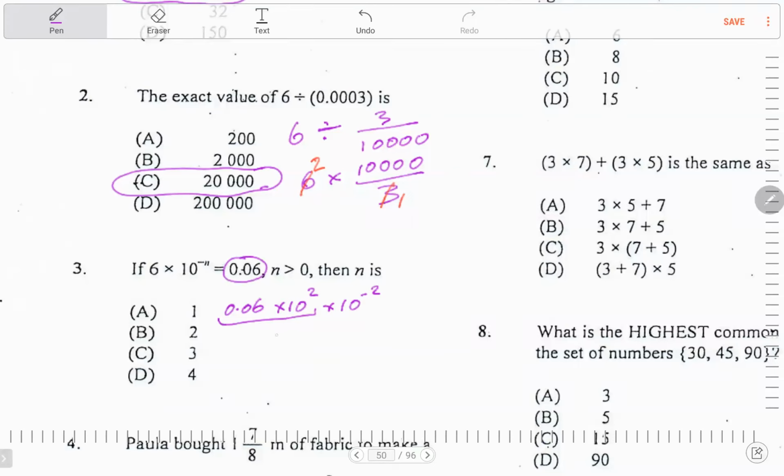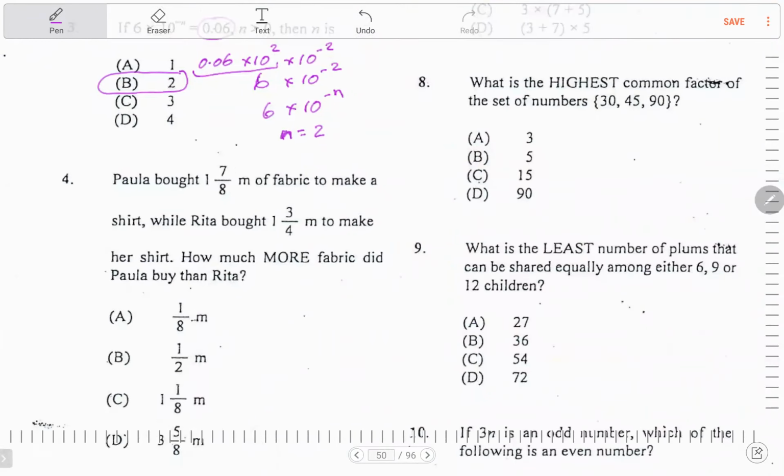And so it becomes 6 times 10 to the minus 2. If we compare this 6 times 10 to the minus 2 with 6 times 10 to the minus n that they have up here, it means that the n is 2. Simple as that. So n equals 2. Alright. Next question.